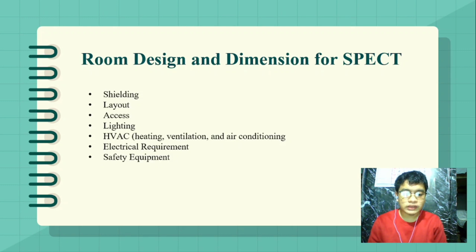Electrical requirements. The room should have appropriate electrical outlets to power the SPECT equipment and other necessary devices. Safety equipment. Fire extinguishers, emergency alarms, and radiation monitoring devices should be readily available.